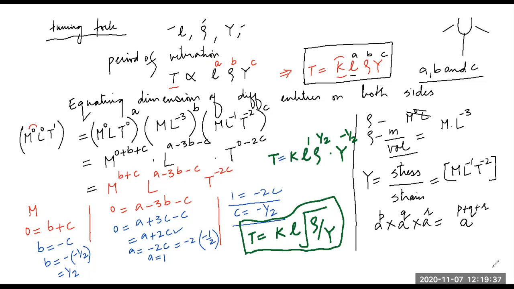Okay. So let's do one more question. He says this is a U-tube. This is known as U-tube. U-tube manometer is made of uniform cross section. This is the cross section of U-tube. So uniform cross section contains mercury.